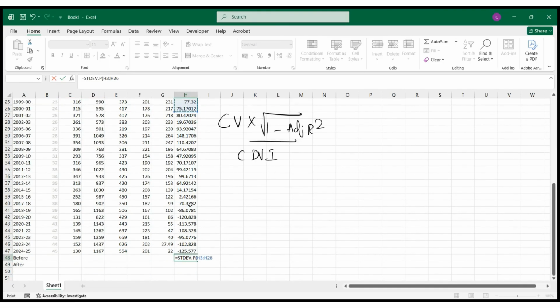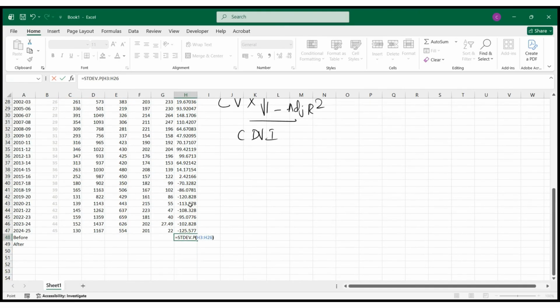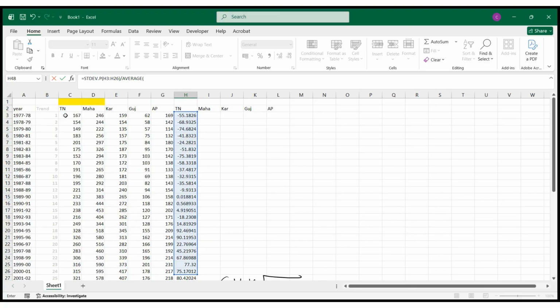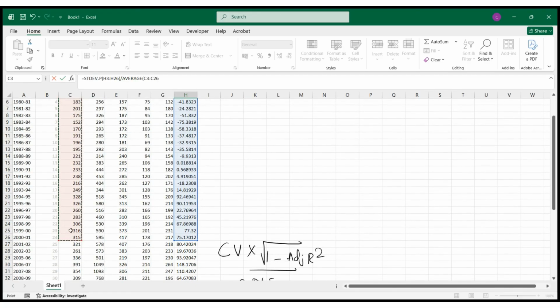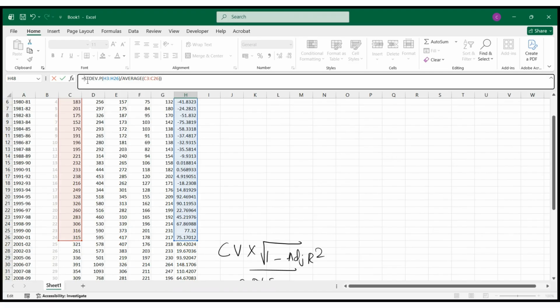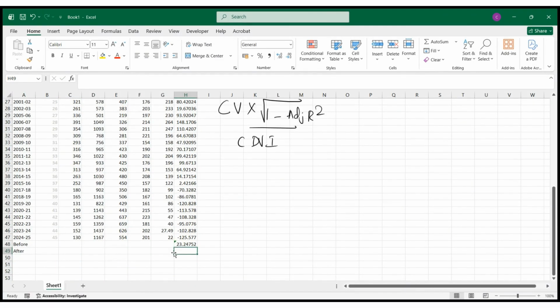Then standard deviation divided by the mean is the coefficient of variation. For the mean, I will be taking the original values, that is the actual values. Finally, multiply by 100. So now I got the CV for the before adoption period.